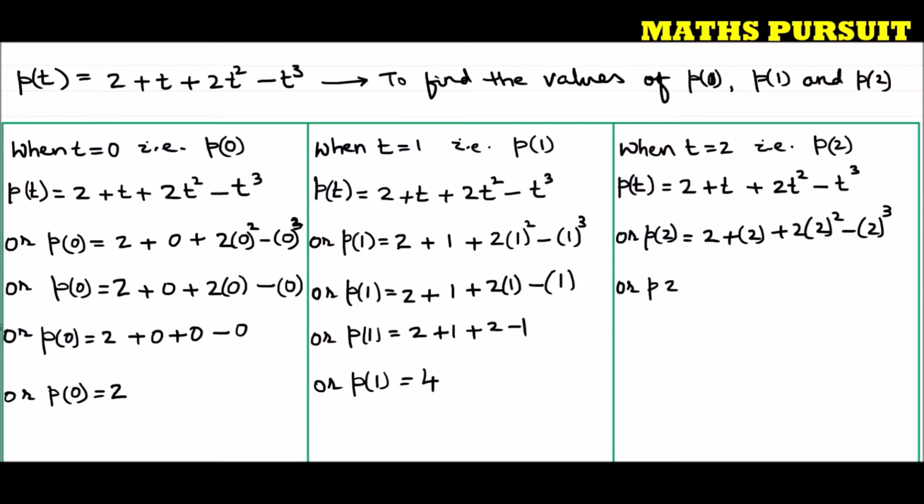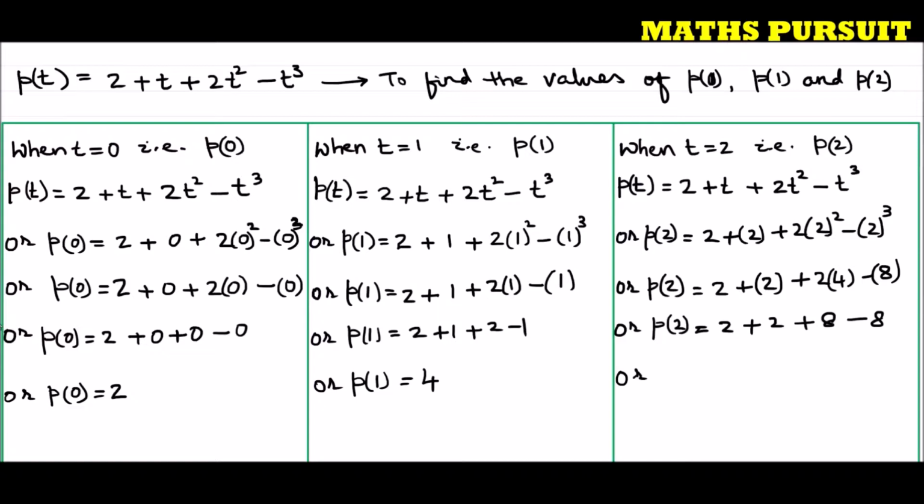Or I can write P(2) = 2 + 2 + 2 times 4 is 8, minus 2 to the power 3 is 8. This is what we have. Or I can write P(2) = 2 + 2 + 8 - 8. Or I can write P(2) is equal to 4. How 4? This plus 8 and this minus 8 cancel out and we got 4 only.